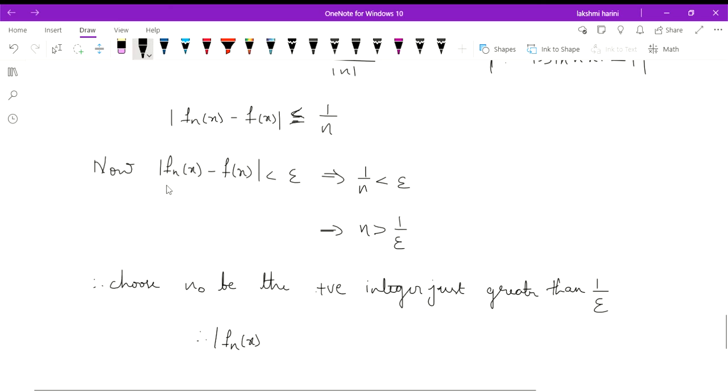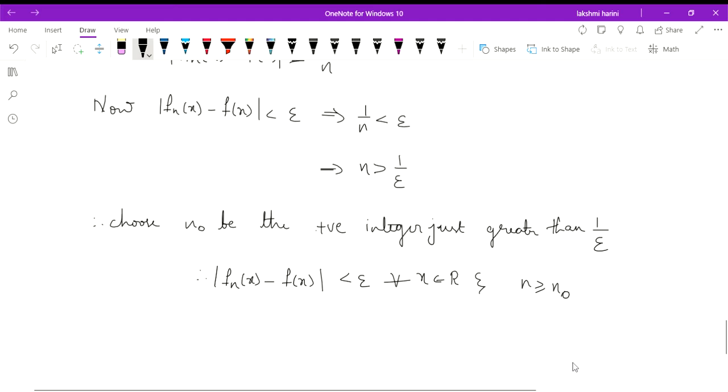Okay, therefore we can tell that mod fn of x minus f of x is less than epsilon for all x belongs to R and n is greater than or equal to n naught. Okay, so this implies limit n tends to infinity fn of x is equal to f of x.